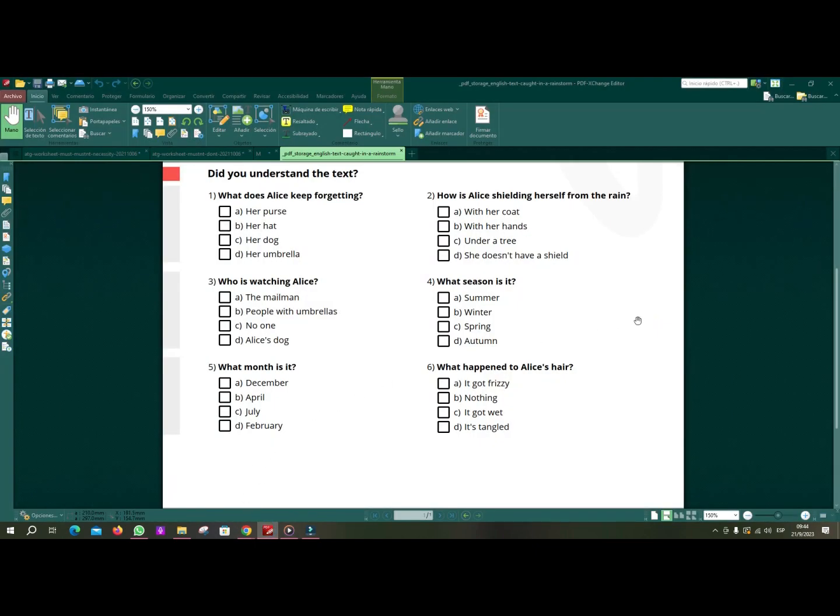Lingua.com, listening comprehension. Caught in a rainstorm. Every time Alice went outside to go for a walk, it started to rain. Each time it rained on her, she scolded herself for forgetting to bring an umbrella. It was a waste of time to fix her hair if the weather would undo her work. Using her gray coat as a shield against the raindrops, Alice ran home.